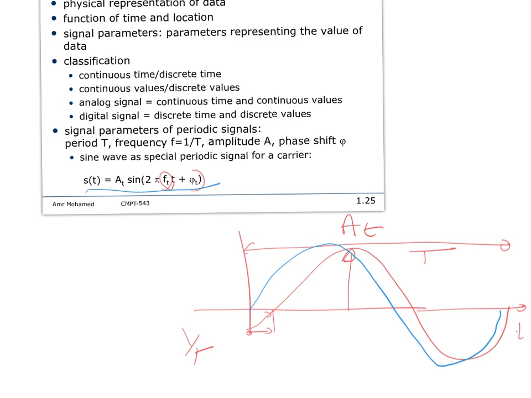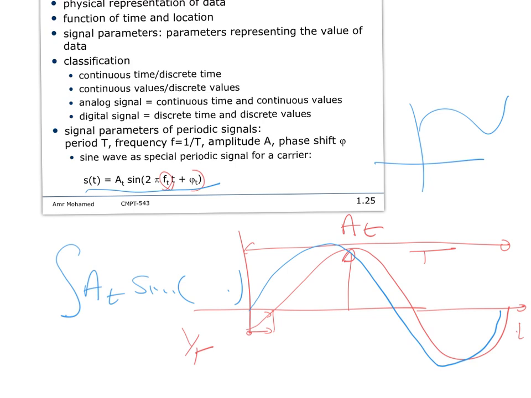What he said is that any signal on Earth, any irregular signal, whether it's periodic, non-periodic, finite, any type of signal, analog, digital, anything, can be represented using infinite sine waves with different amplitude, different frequency, and different phase.